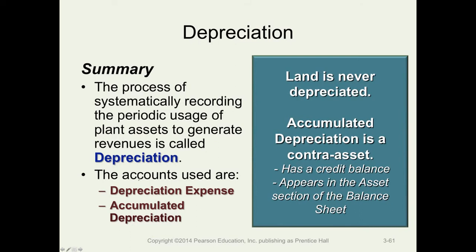The journal entry that will be used in the adjustment process is to debit depreciation expense and credit the accumulated depreciation. Land, as we said, does not depreciate. And an important point here, accumulated depreciation is a contra asset. It has a credit balance, and it is part of the asset side of the balance sheet. Even though it has a credit balance, it is not a liability.